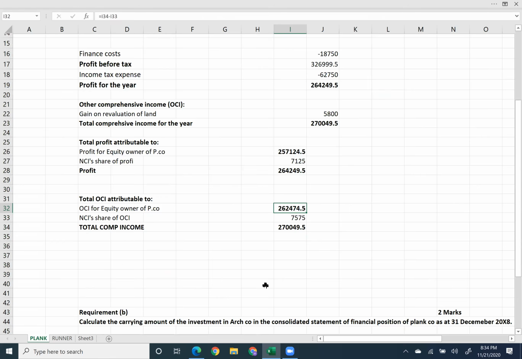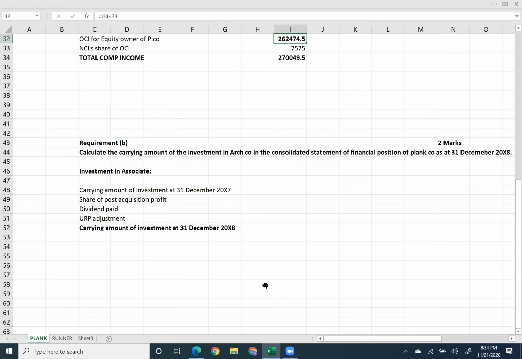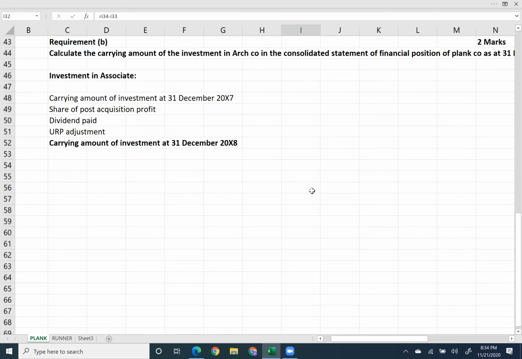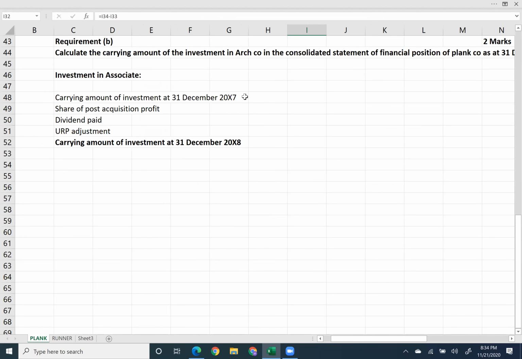Let's do it, boys and girls, please. See, the carrying value of investment in associate at 31st December 07 was 145,000. You can assume it as COI. Now the share of post profit.